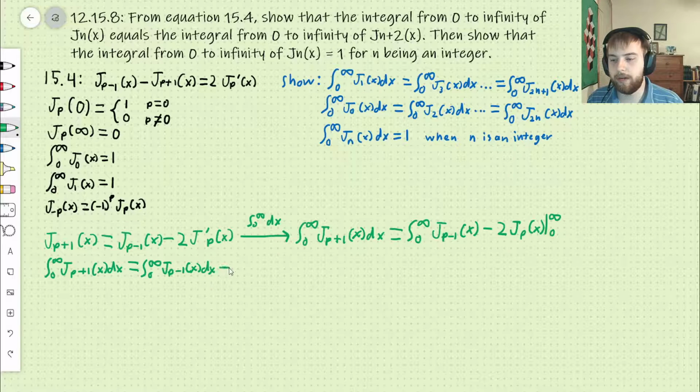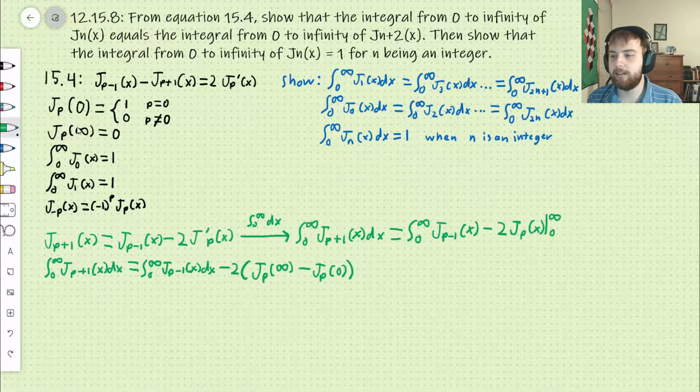So this is going to be minus 2 times jp of infinity minus jp of 0.